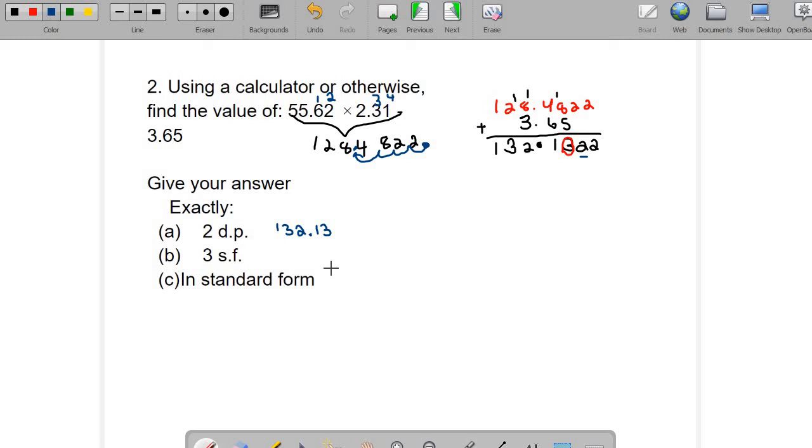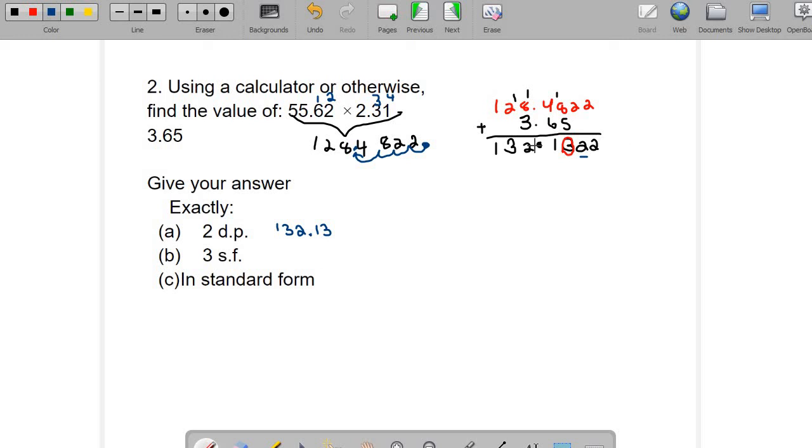Alright, 3 significant figures. Now, there are rules for significant figures. To be sure, I would suggest that you go back to your notes. Now, 0 can be a significant figure. So keep in mind, it is not only just non-zero digits that are significant. So you'll have to look at the rules for trailing zeros and leading zeros.